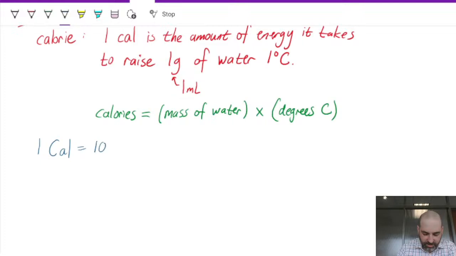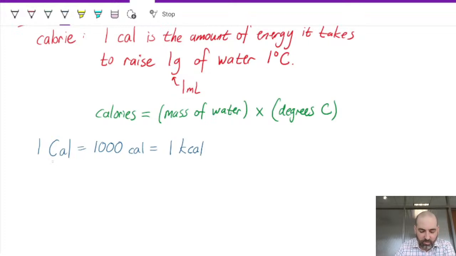All right. So complicating this a little bit is that a capital C calorie, so a calorie with a capital C, is actually 1,000 of the little c calories, which is more helpfully, clearly referred to as a kilocalorie or a kcal. But this is the calorie that's on food. So if you look at food and you see that it has a certain number of calories in it, that's actually the big C calories.